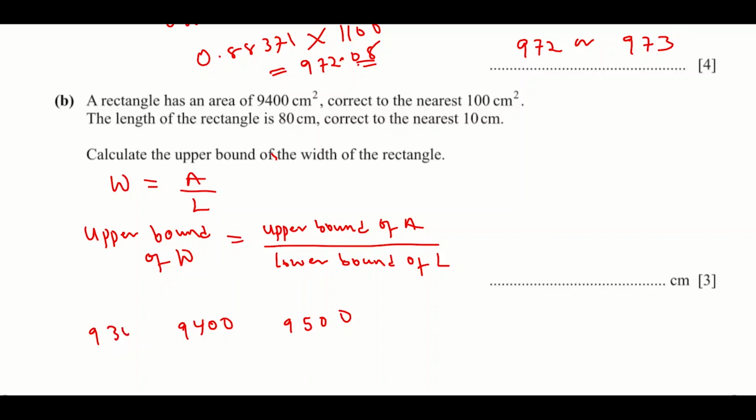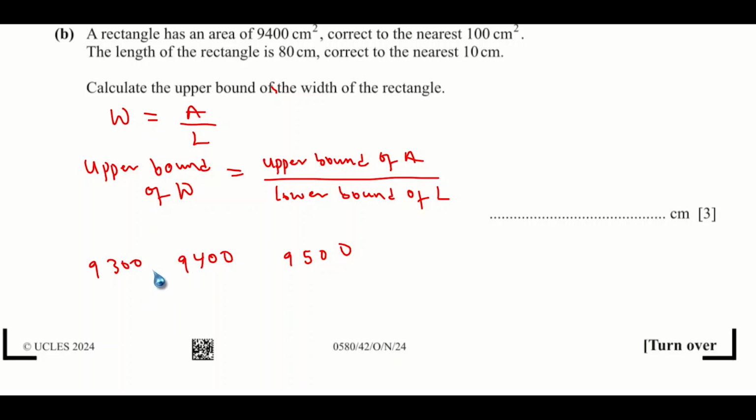The lower bound will be the average of this: 9,300 add 9,400 divided by 2.